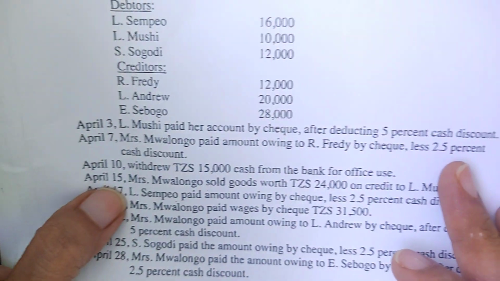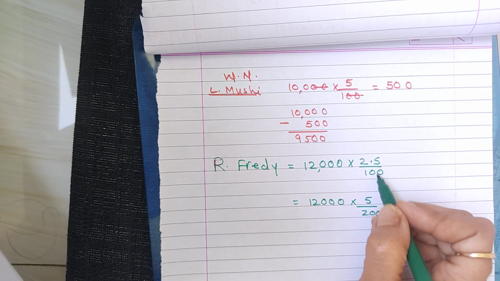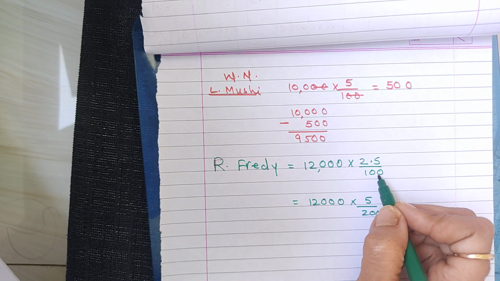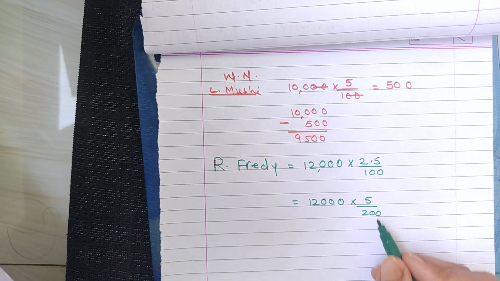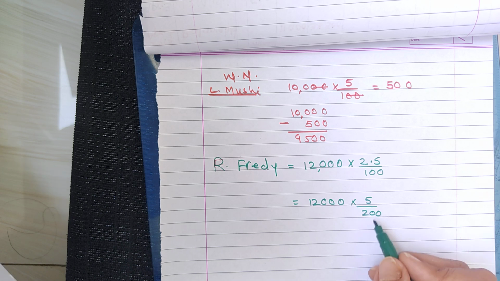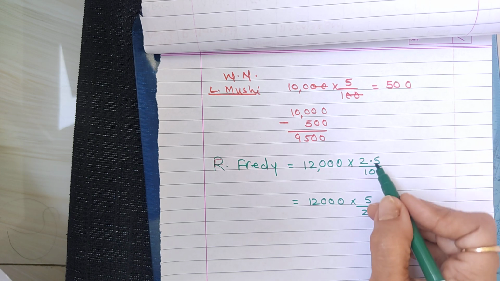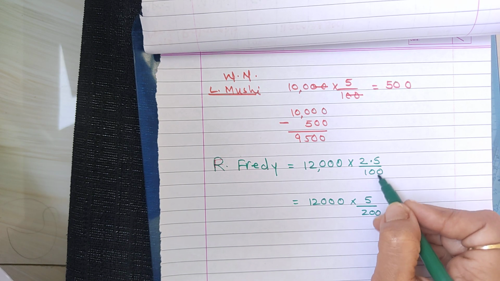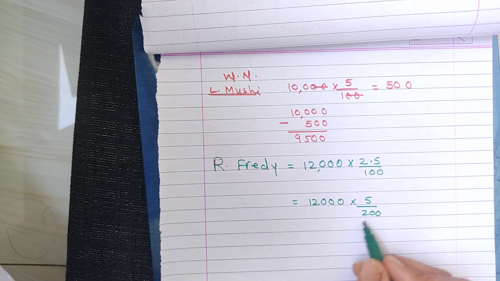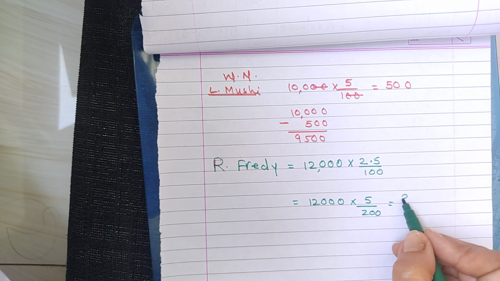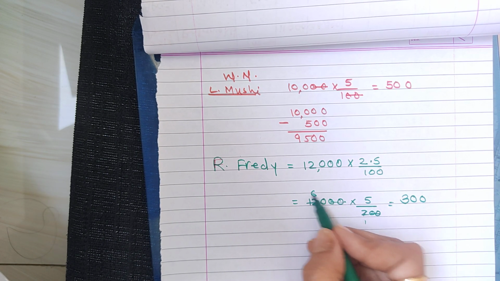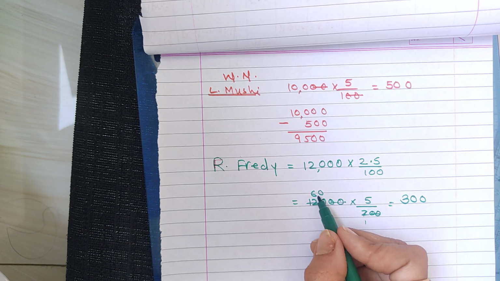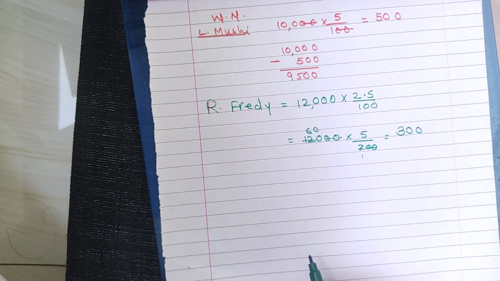Those who don't know how to calculate like this 2.5, whenever 2.5% is given, you can simply multiply with 5 upon 200, means both the numerator and denominator we are making double. So when you solve this equation, you will get 300. See, this 2 0 cut, 2 1s are 2, 2 6s are 12, so 60, and when we multiply 60 into 5, it becomes 300.